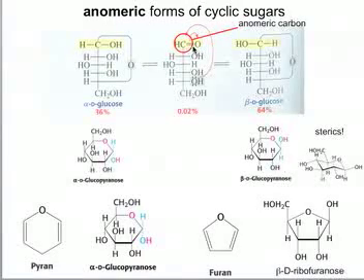In the beta form, you can think of that hydroxyl as attacking from below the structure of the ring, and thereby pushing the carbonyl oxygen up above the plane of the ring. If that doesn't work for you, you can simply remember that alpha anomers have the hydroxyl below the plane of the ring in the Haworth projection, and the beta have it above the plane of the ring.